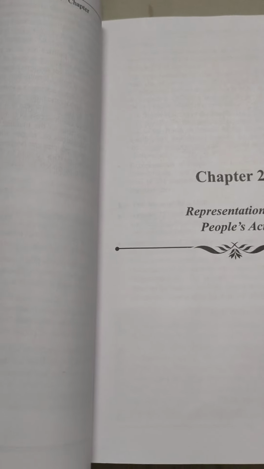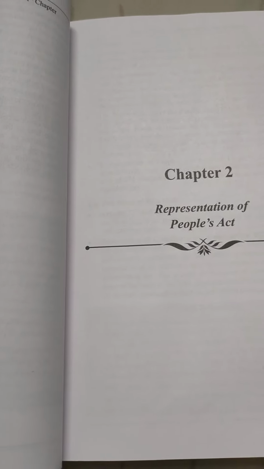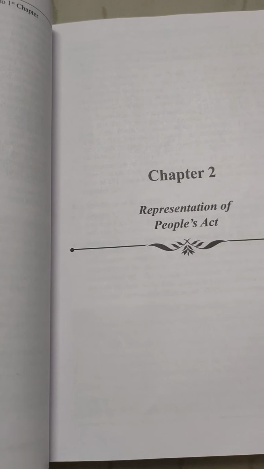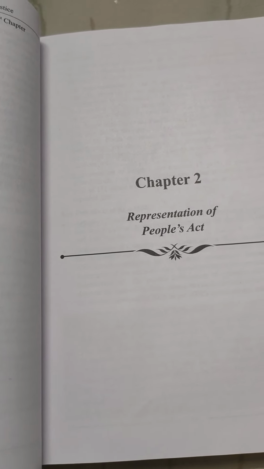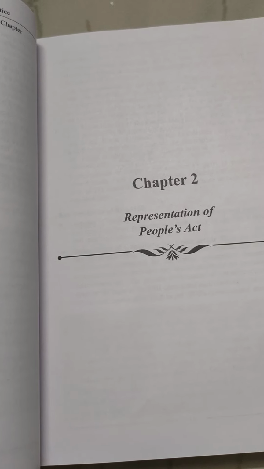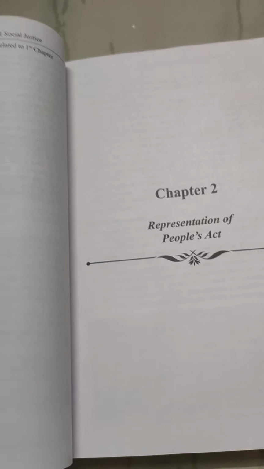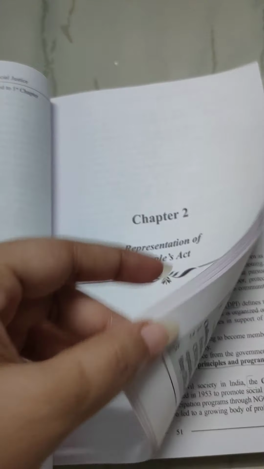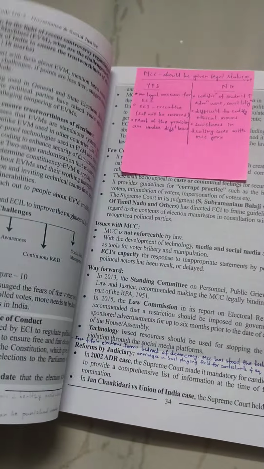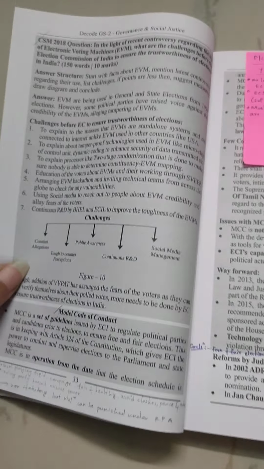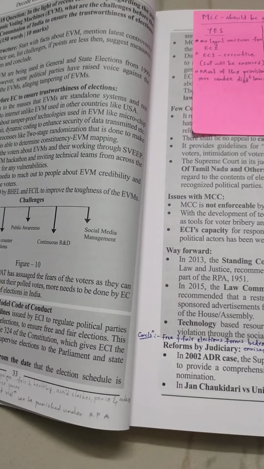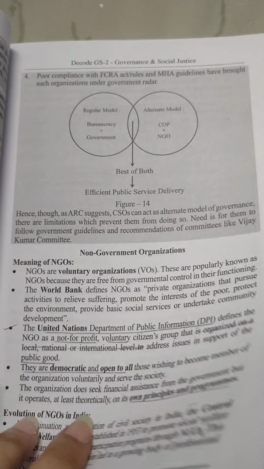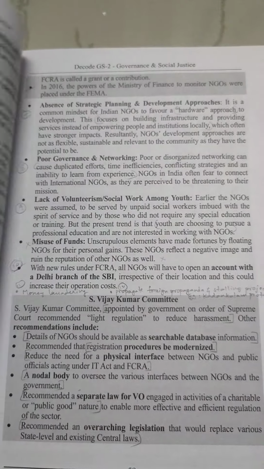And in the whole book I liked two best things, not just in this book but in all books of Mudit Jain sir. The first one is flowcharts and diagrams. I will show you some. Here you can see a flowchart about challenges of a topic. Here you can see a pie diagram relating to efficient public service delivery.